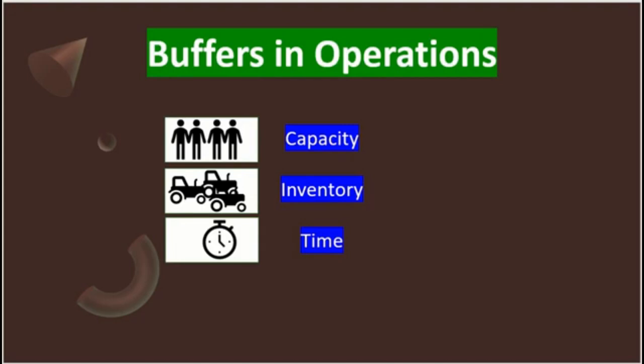So friends, depending on the type of business we do, we need to select the suitable buffer. Sometimes a hybrid of the above three helps, because all customers are not the same.